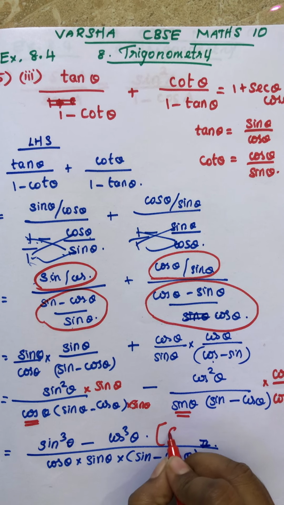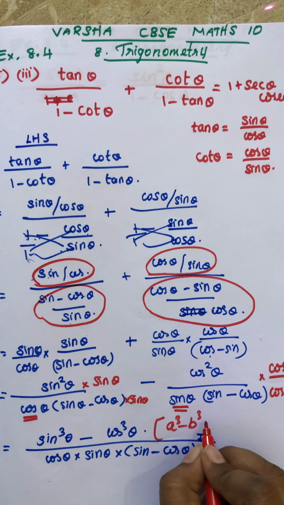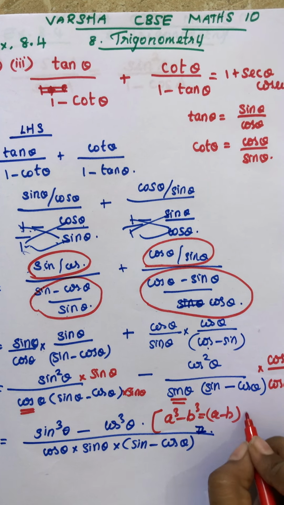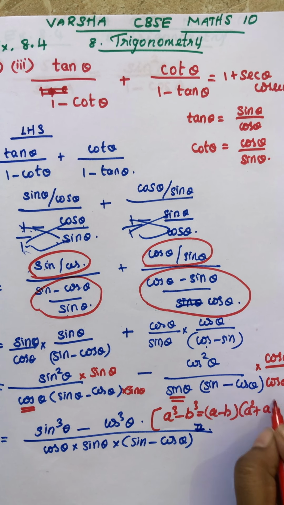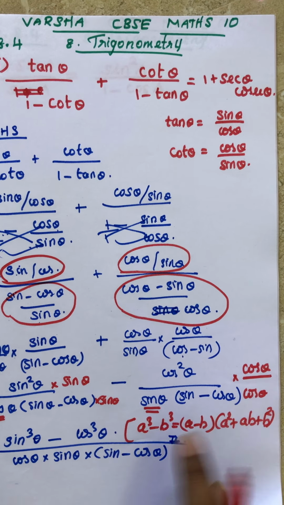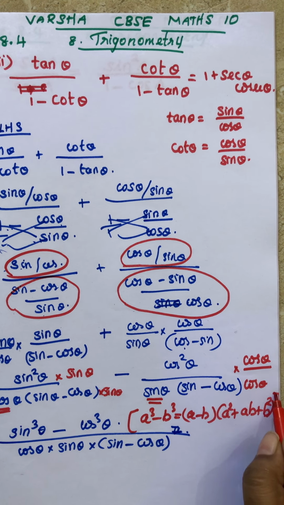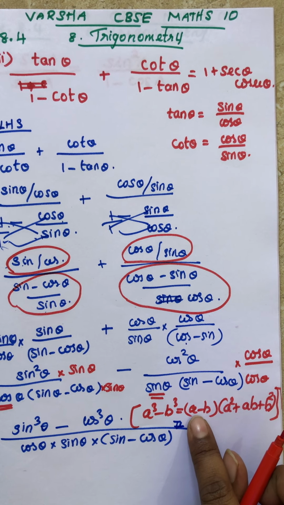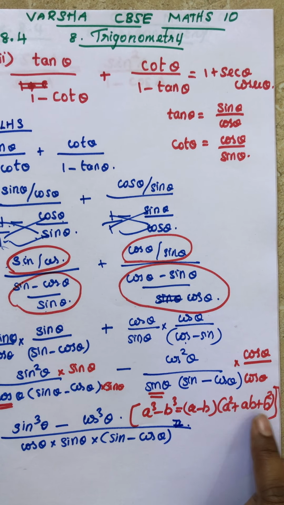What is the formula? a cube minus b cube equal to a minus b, a square plus ab plus b square.